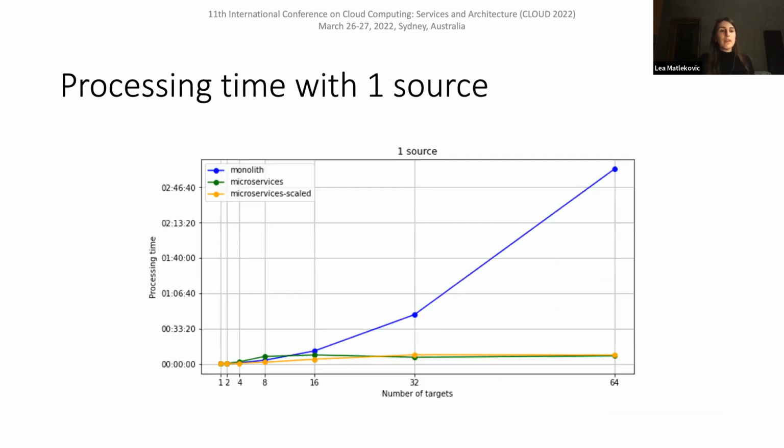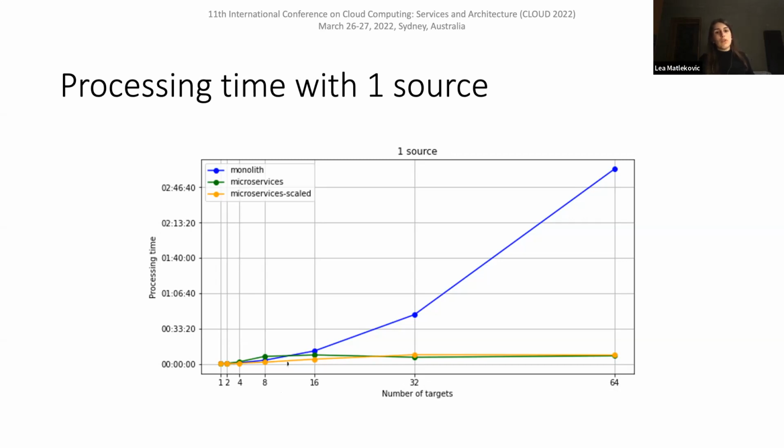So this is the first graph showing how the monolithic system's processing time exponentially increased for different numbers of targets. This graph is showing just one drone and calculation for, for example, 1, 2, 4, 8, 16, 32, and 64 targets.